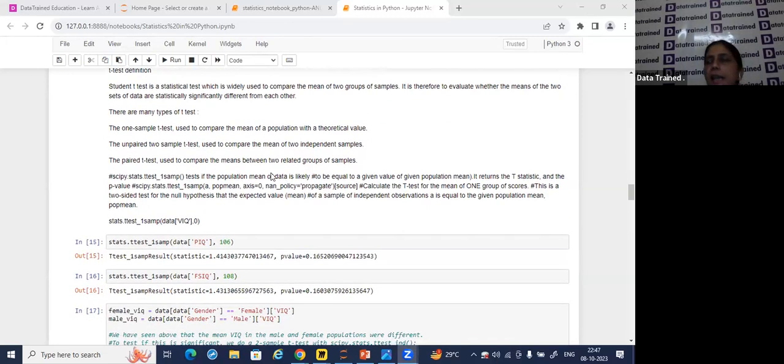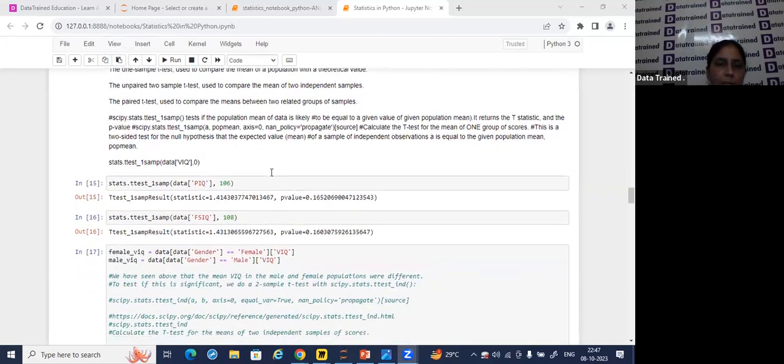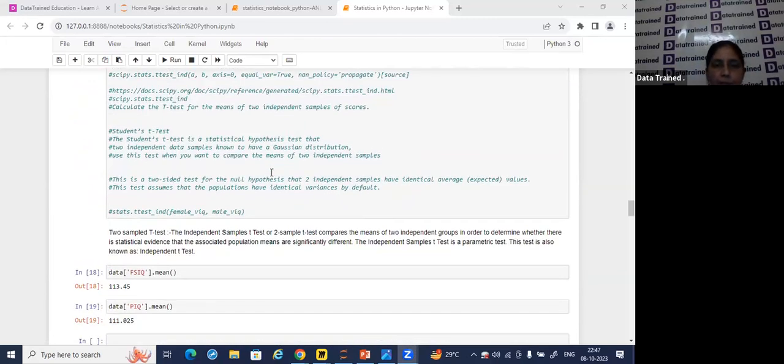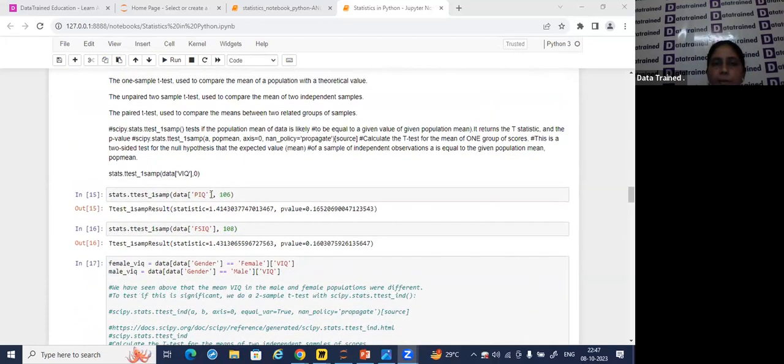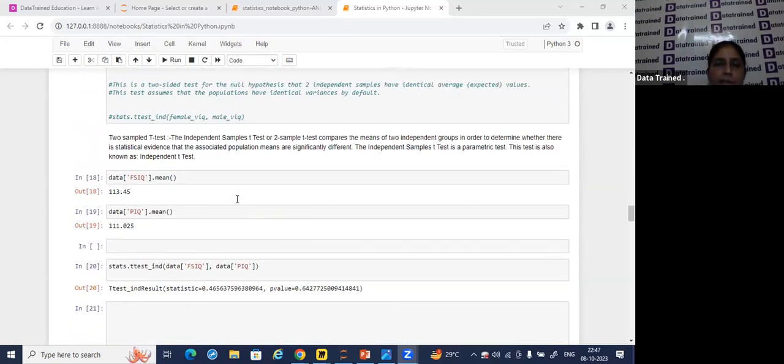108 is any mean value. This is not a data point. This one is any mean value, identical mean value, nearby mean value. We are putting it here. Now, when I checked out the mean, I had written a value here: PIQ mean value is identical to 106 or FSIQ mean value is identical to 108. And when I'm checking it out, the PIQ value is nearby 111 and the FSIQ mean value is 113.